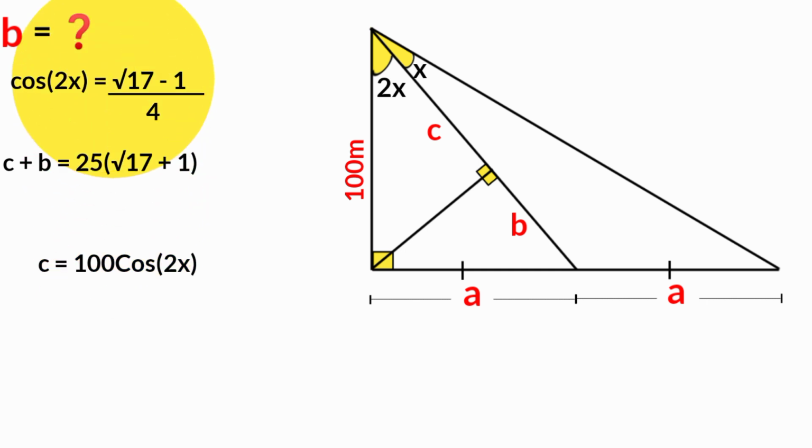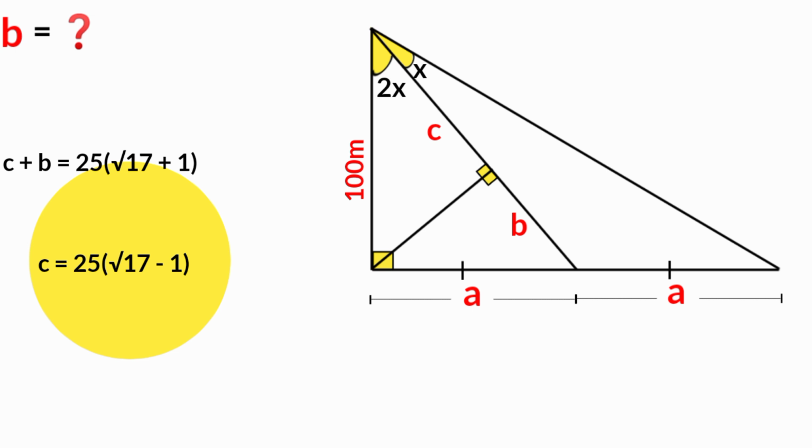Recall from here, cos 2x is square root of 17 minus 1 all over 4. Substitute here. Now c equal to 100 times square root of 17 minus 1 over 4. This 100 divided by this 4 is 25. So c equal to 25 open bracket square root of 17 minus 1.